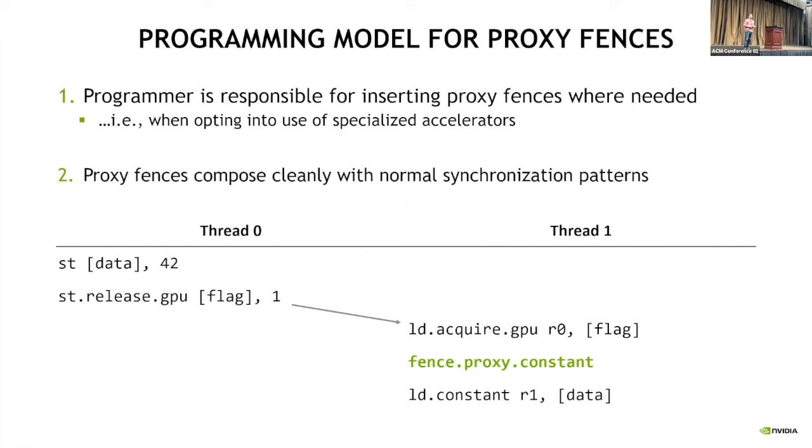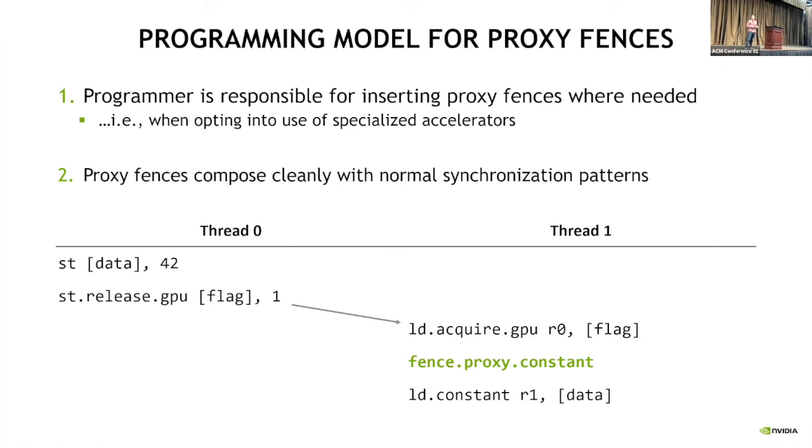So this is all opt-in whenever using the accelerators. The baseline memory model is not affected. And these proxy fences and synchronization in general are designed to compose cleanly with each other, so that you can wrap these things in libraries, build up larger synchronization patterns, and write your larger programs.